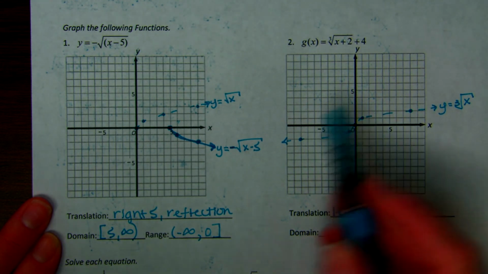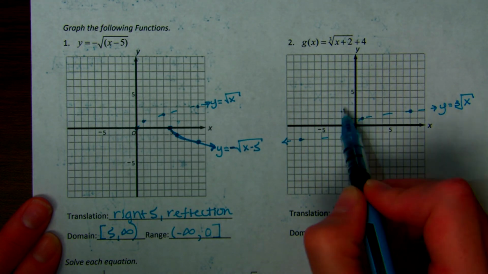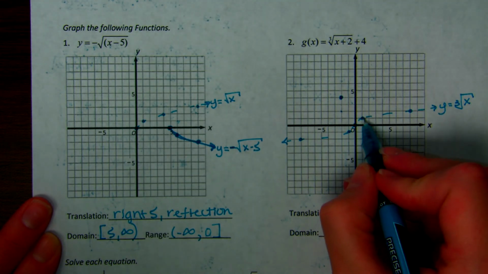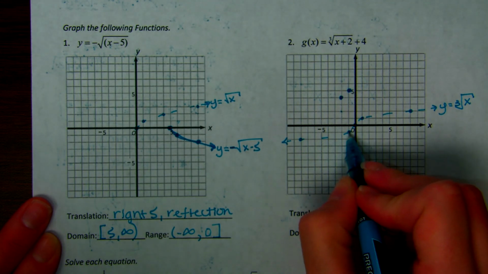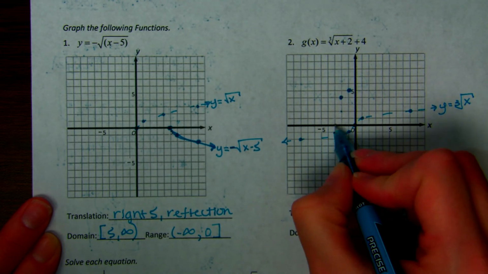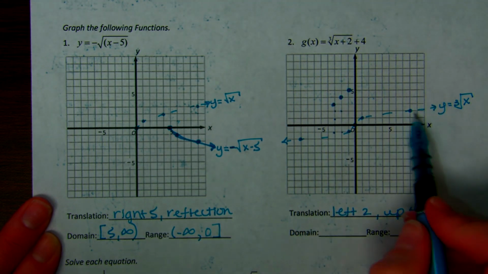And so we just move these points left 2 and up 4. So I'll start at (0, 0), left 2, up 1, 2, 3, 4. (1, 1), left 2, up 4 comes here. (-1, -1), left 2, up 1, 2, 3, 4.